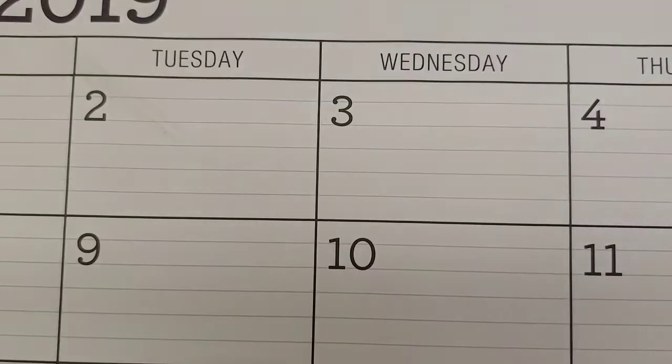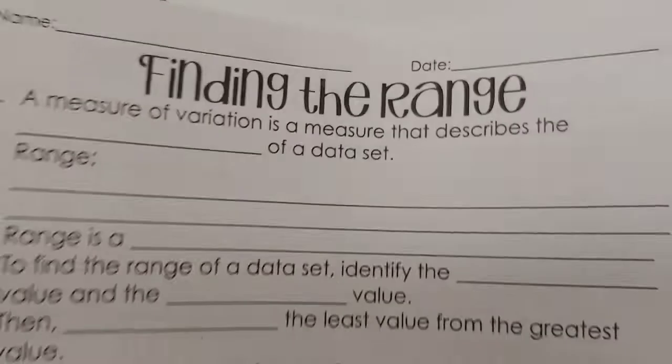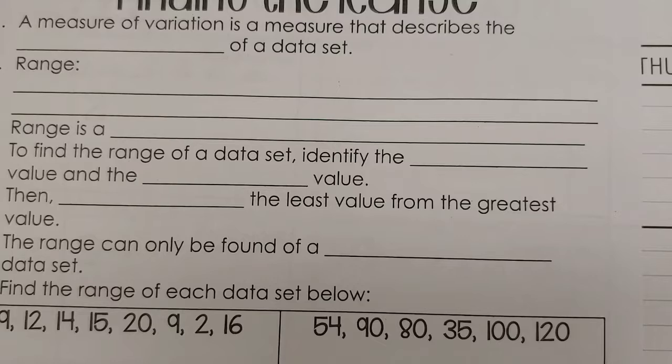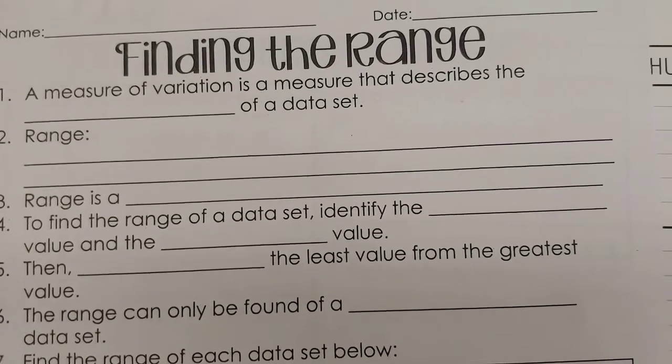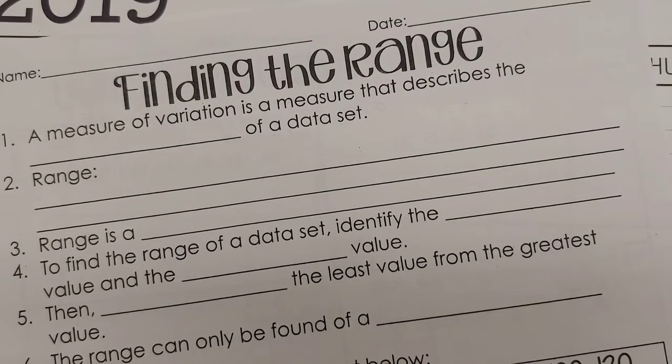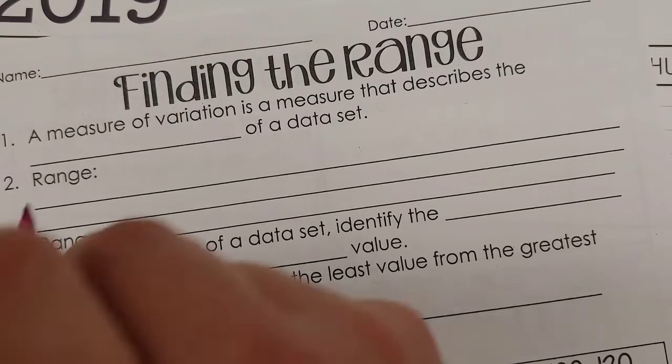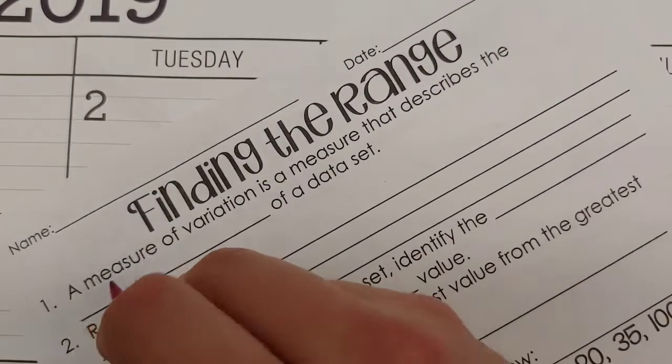All right. So, finding the range. A measure of variation is a measure that describes the distribution of a data set.